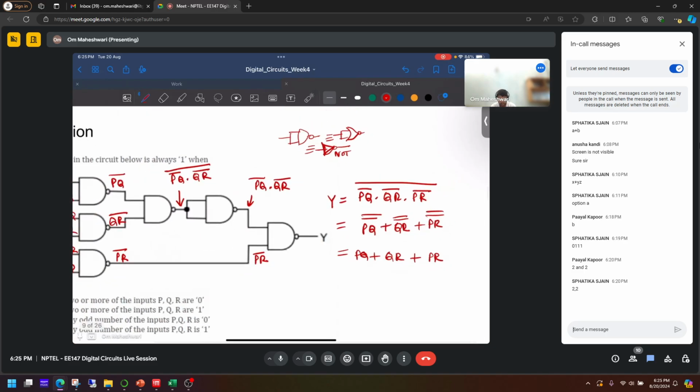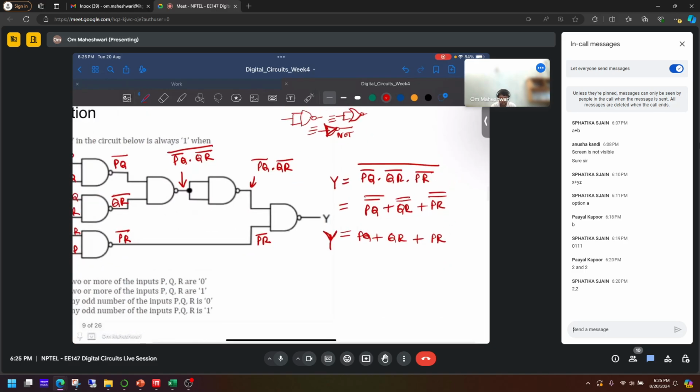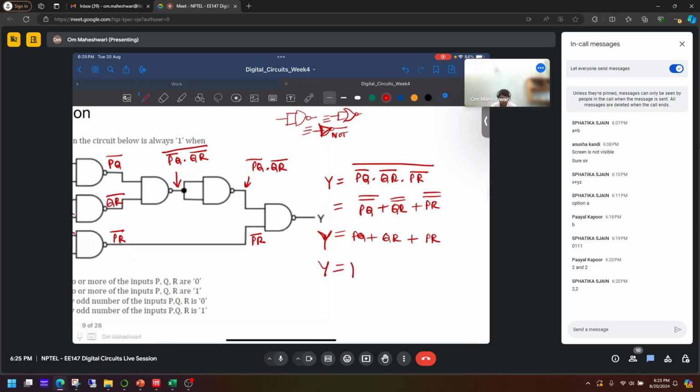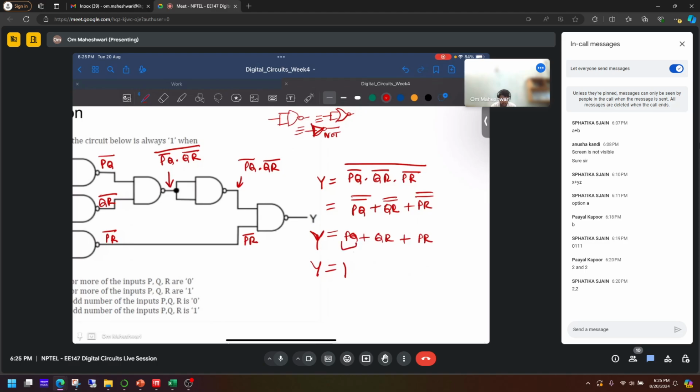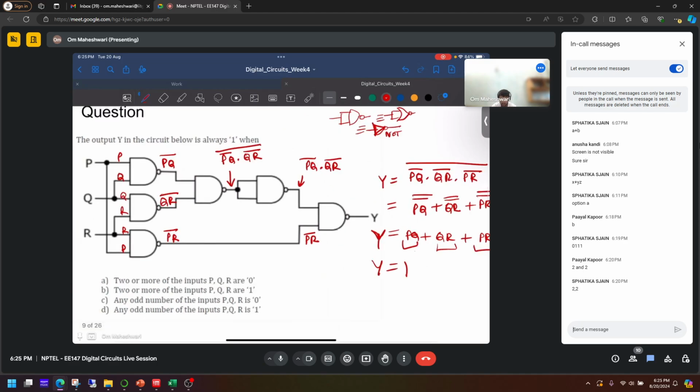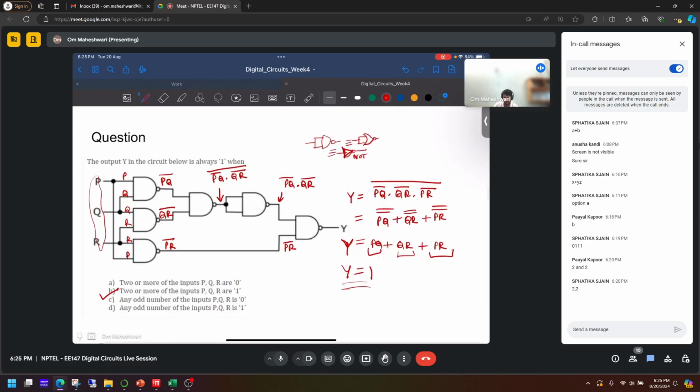So this is Y. So your Y will be equal to 1 when either PQ equals 1 or QR equals 1 or PR equals 1. So when any two out of three inputs are 1, your output will be 1. So your answer will be option B: two or more of the inputs P, Q, R are 1.